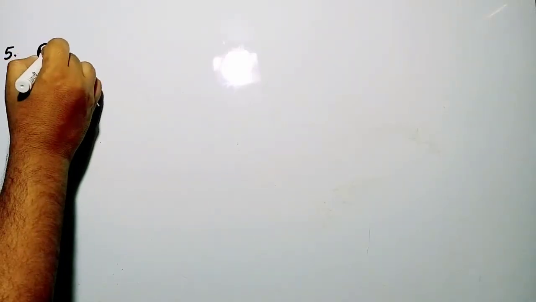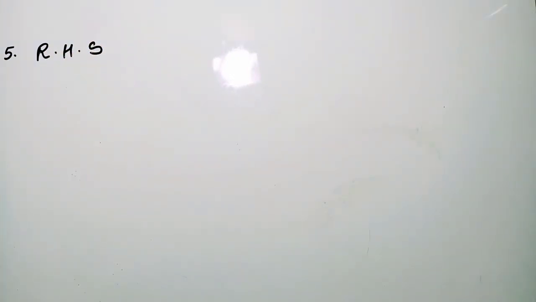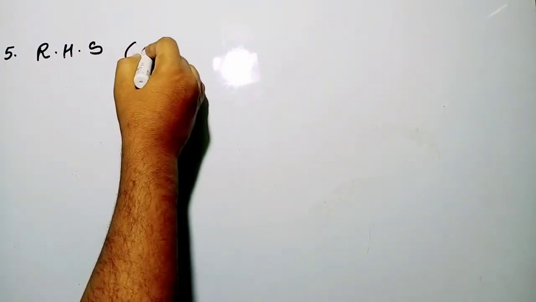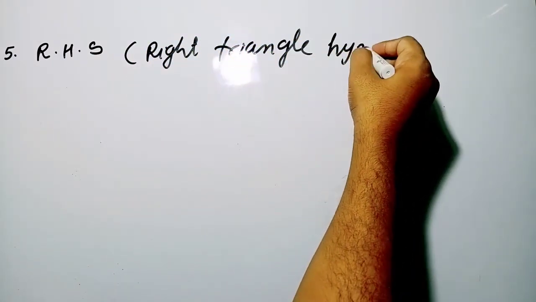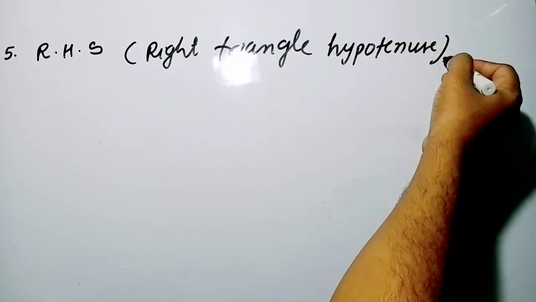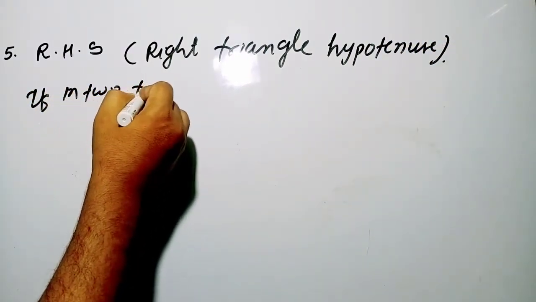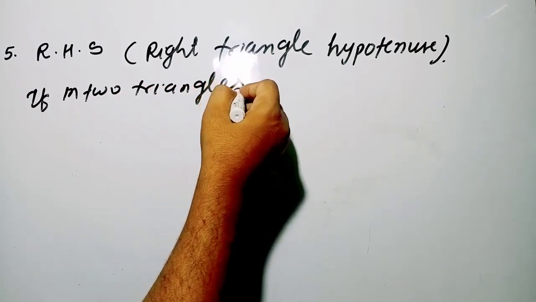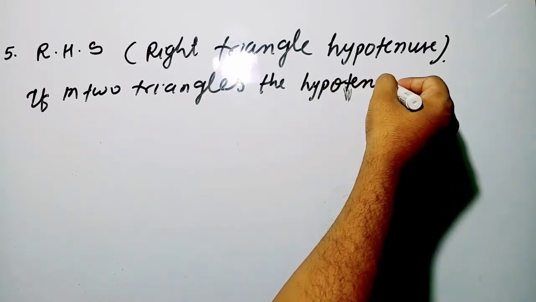Now the next is the RHS rule. RHS means right angle, hypotenuse, side.